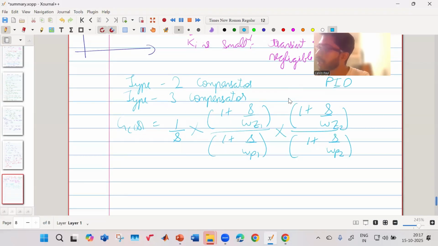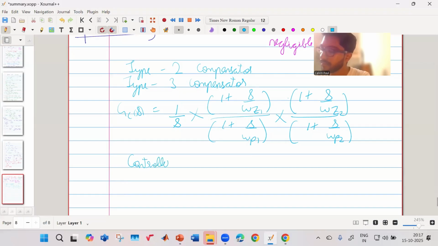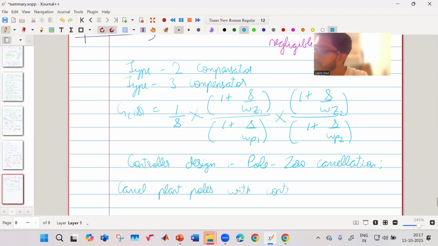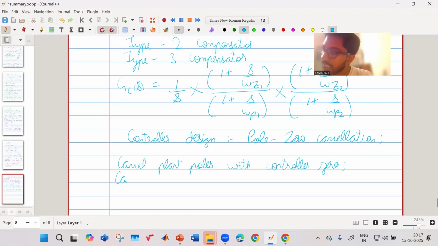When you are doing your controller design, you are using the pole zero cancellation technique, where you cancel your plant poles with your controller 0, and you cancel the ESR 0 with the controller pole.